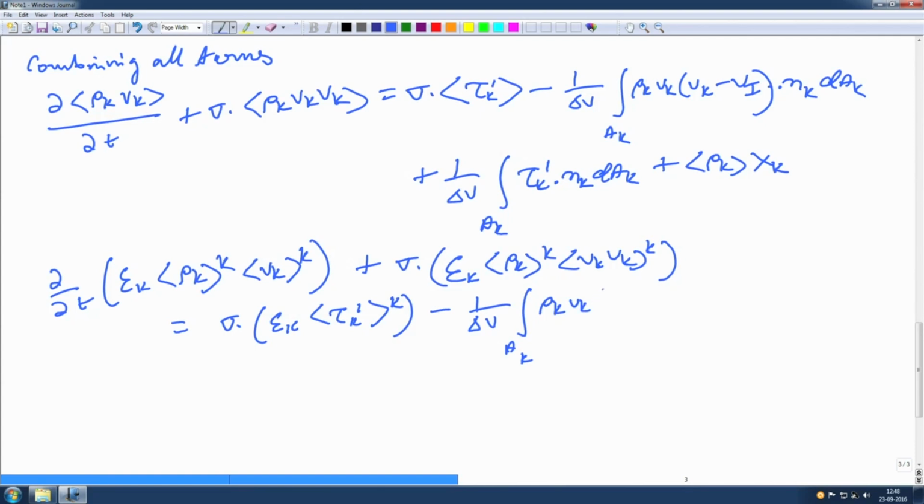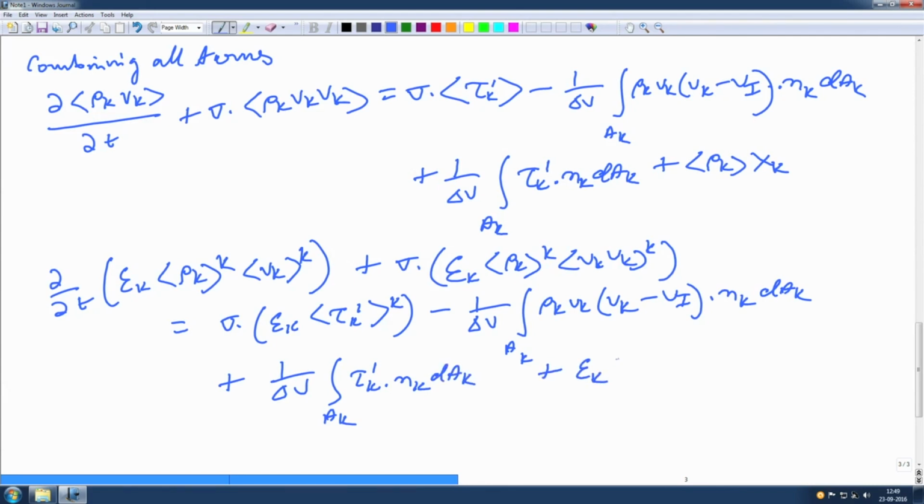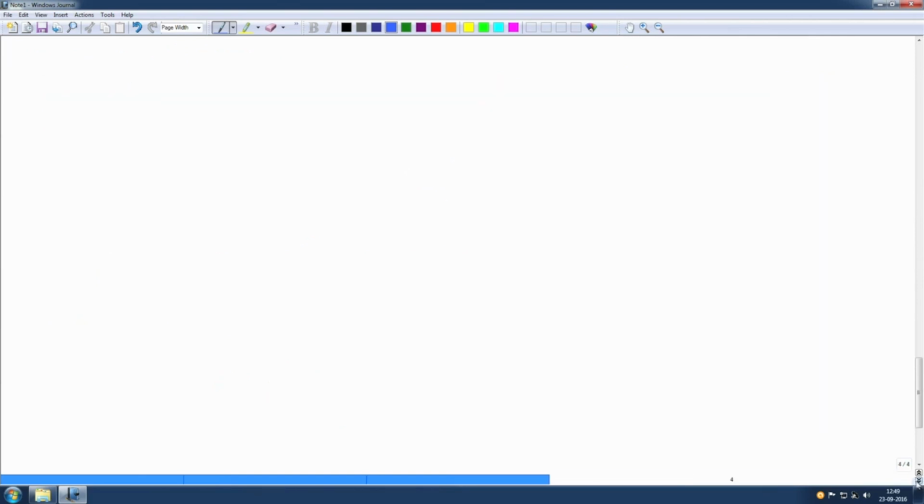Rho k v k minus v I dot n k d a k plus, because of these additional terms that we are carrying, because of the transformation that we did, okay. So that is the expression that you get.